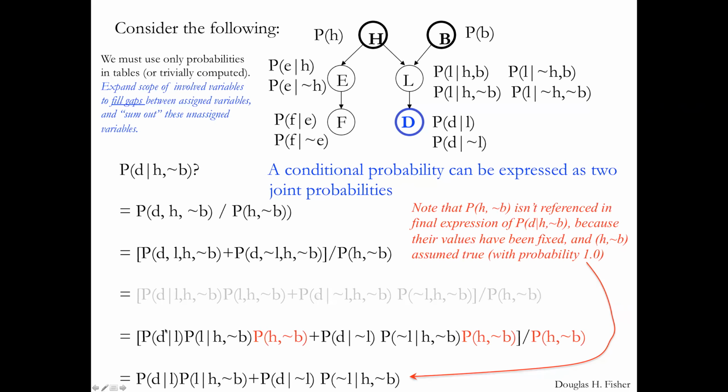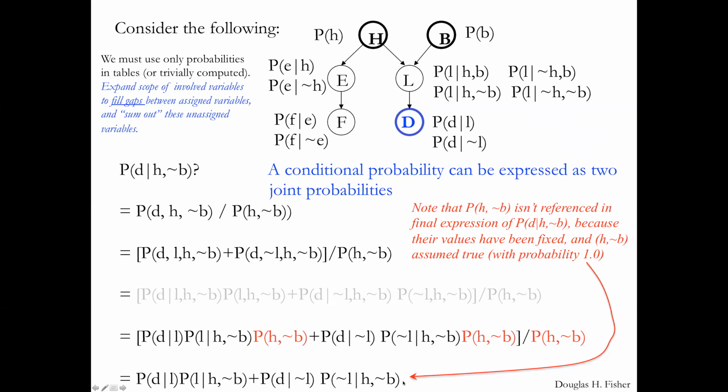So the probability of D given L, the probability of L given H and B values, and then the joint probability of H and B. And I could rewrite that as simply the probability of H times the probability of not B. I don't need to in this case, because after rewriting this expression and dividing by the probability of H and not B, these are going to cancel. Factor this out and then it cancels with the denominator.